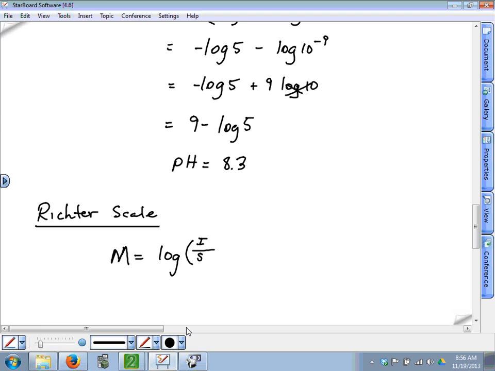This would be some kind of earthquake that barely registers on a seismograph. That could be a large truck, which could perform enough earth movement to be barely noticeable on a seismograph. So it doesn't have to be a huge, gigantic earthquake. So that's the scale here. Magnitude is equal to log of I over S.